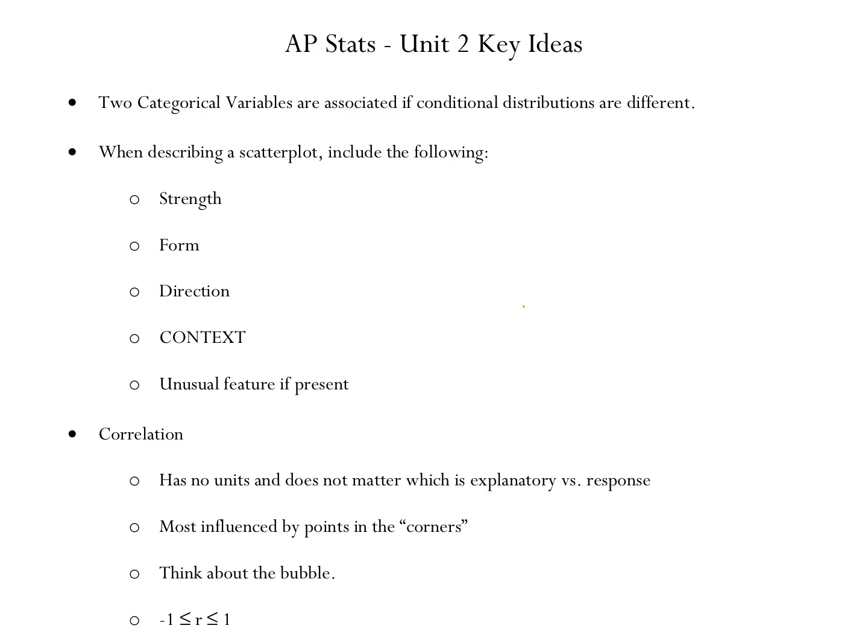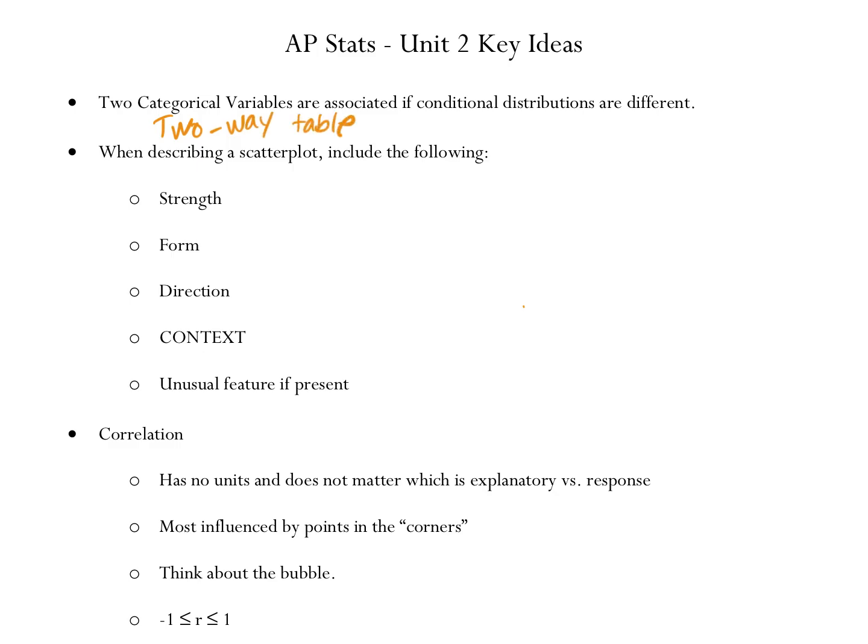In Unit 2, we started looking at not one variable, but two variables, and the relationships between them. If we had two categorical variables, typically that was given to us in a two-way table.